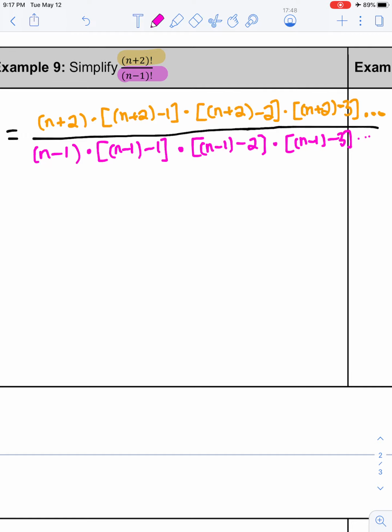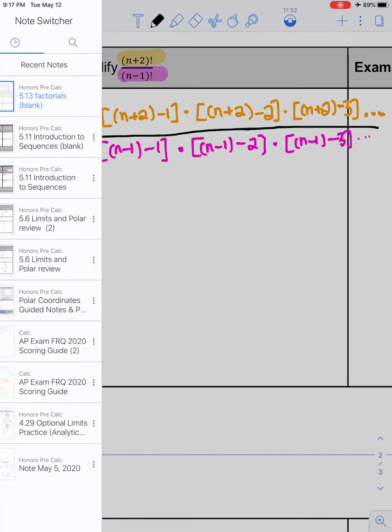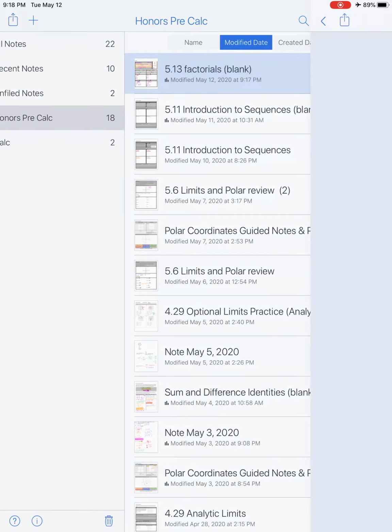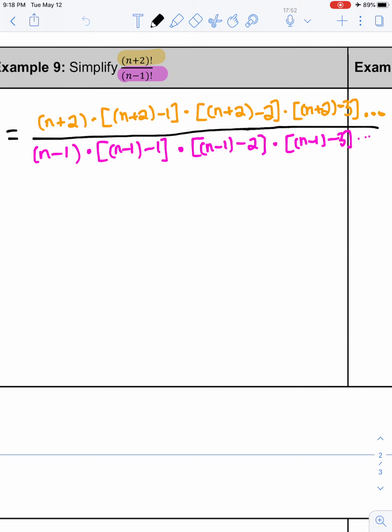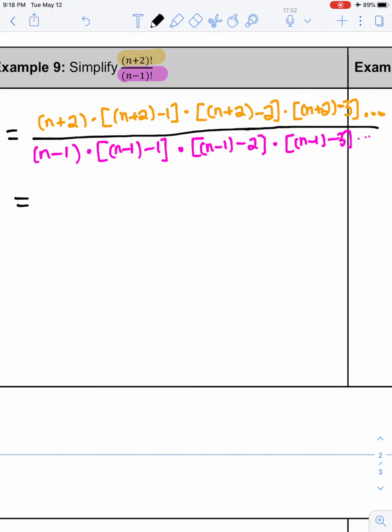Before I start worrying about what can cancel and what can reduce, I'm going to simplify these factors. In the numerator, that first factor is already simplified: that's n plus 2.